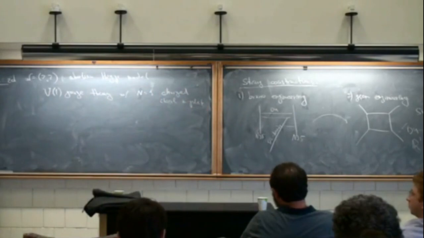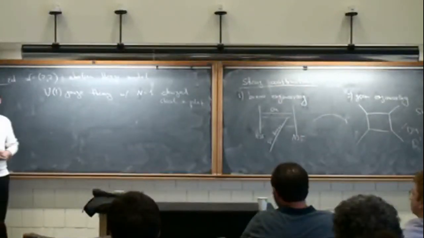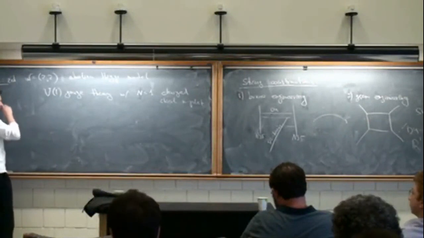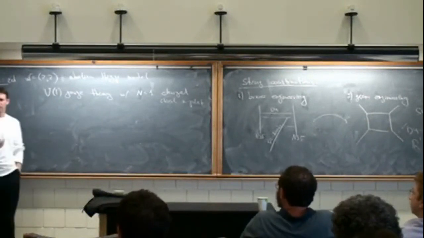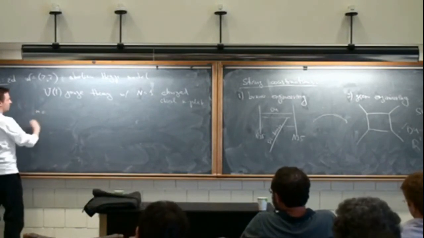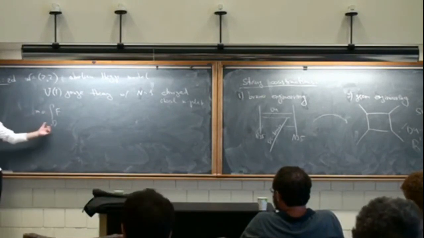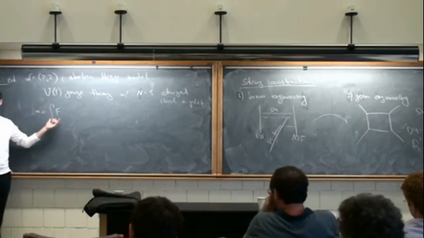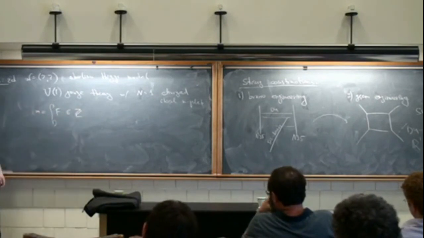And just for fun, let's quickly do vortex counting in this theory. Well, vortices are labeled by magnetic flux, just like instantons are labeled by total instanton charge. And in this case, the total flux of the U(1) gauge field is simply an integer.